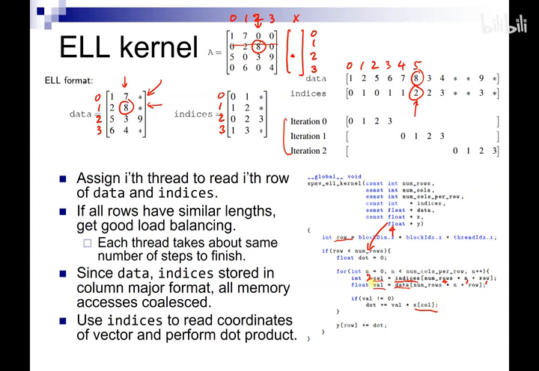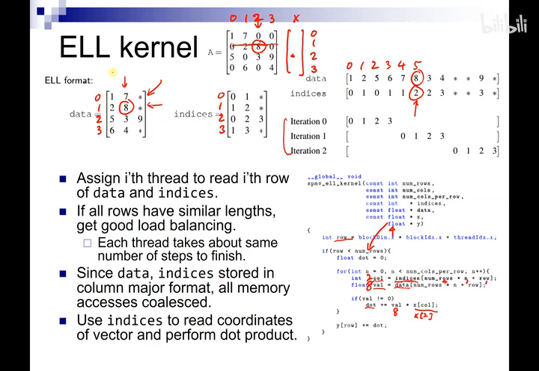We computed that the column is 2, and the value is 8. So then here you need to do 8 times x of 2, and then you're going to add this into your dot product, the dot product of this entire row with x. All right, so that's how this works.